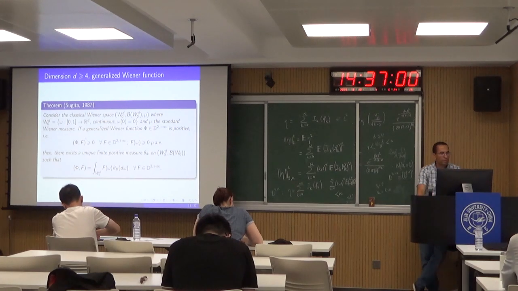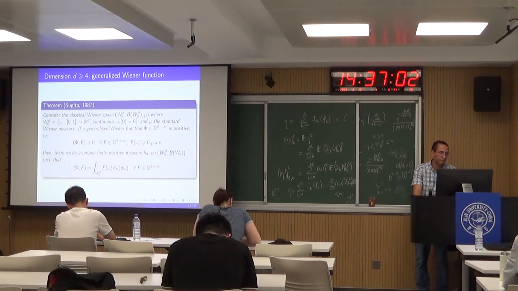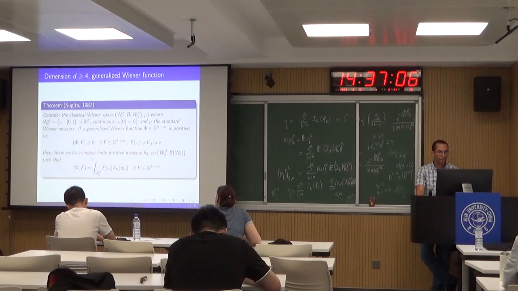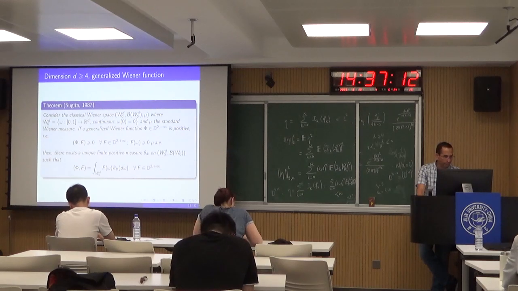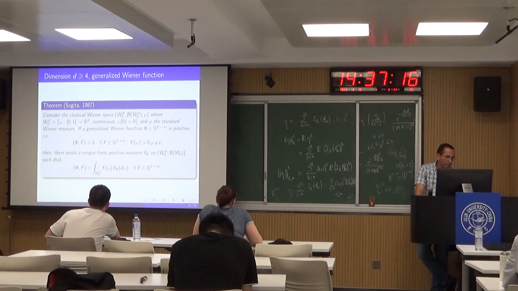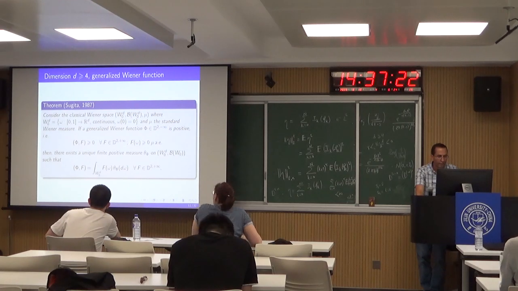In such case, this positive generalized function can be represented by a unique finite positive measure on the Wiener space, so that this canonical bilinear form can be written as an integral over the Wiener space.